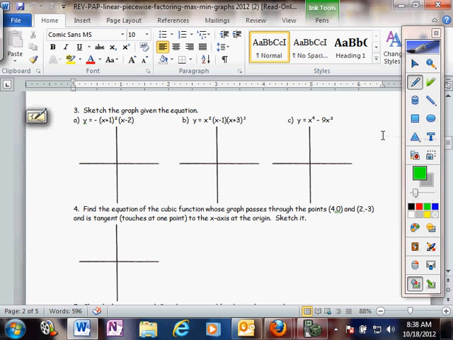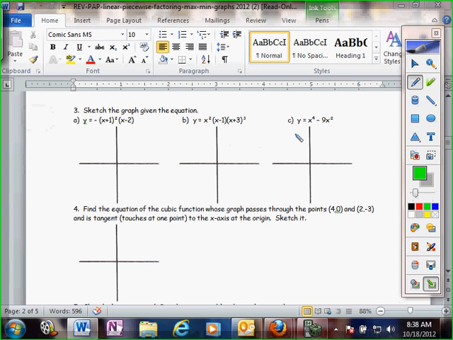Number 3, we have to actually sketch these. Before you can sketch these, they have to be in factored form. So A is in factored form, B is in factored form. I'm going to do C since it's not in factored form. I first have to factor this. So I have the difference of squares, but I can first take out an x squared.